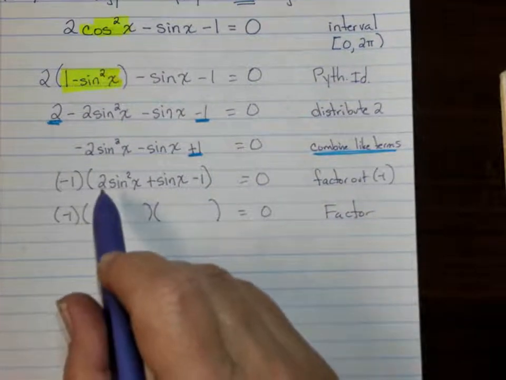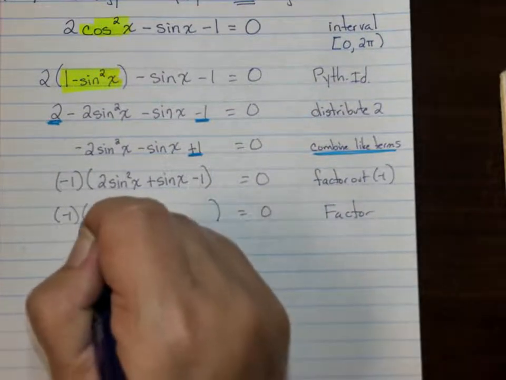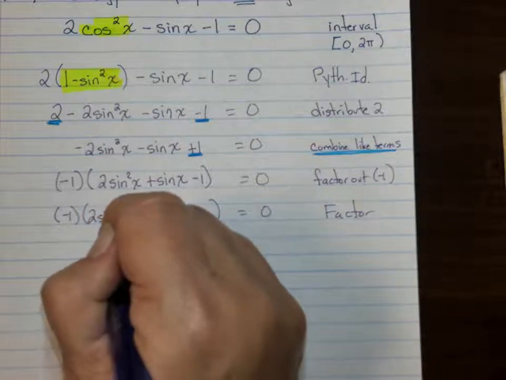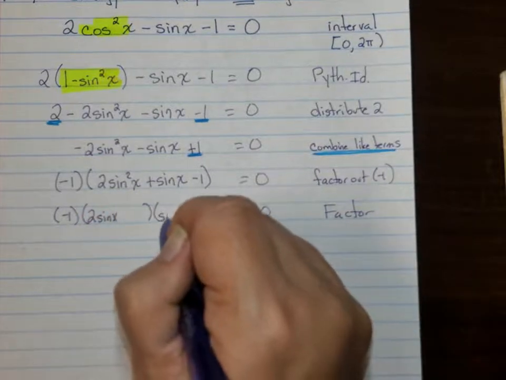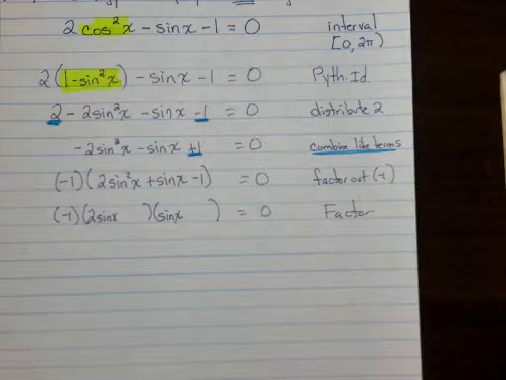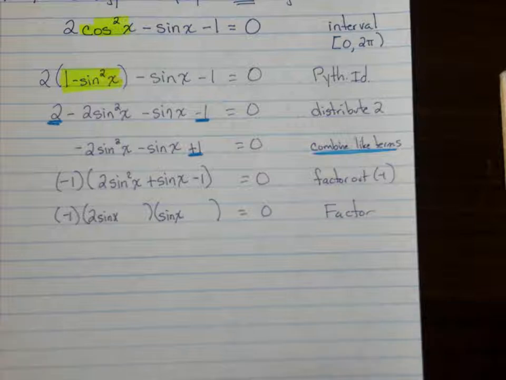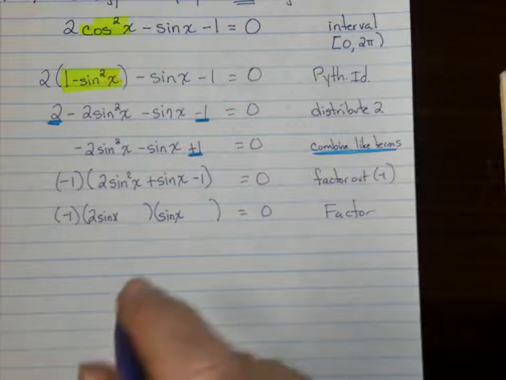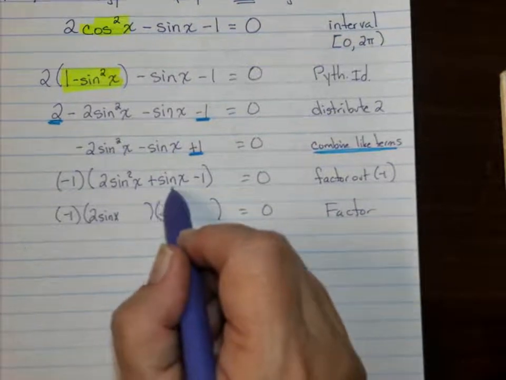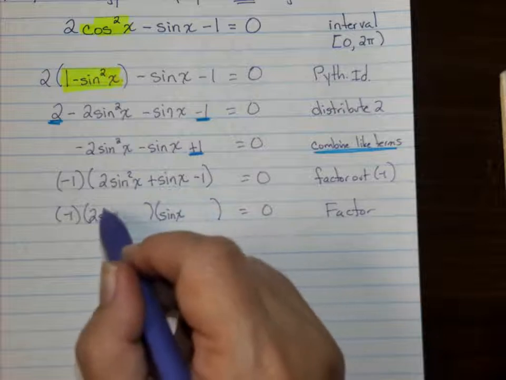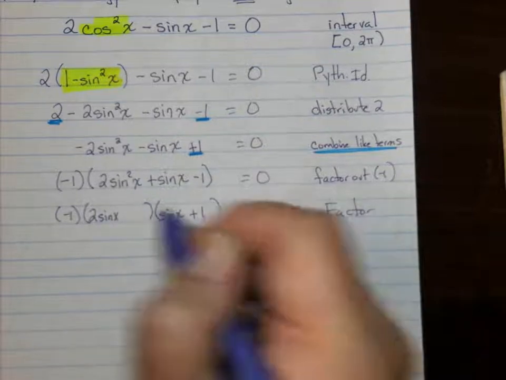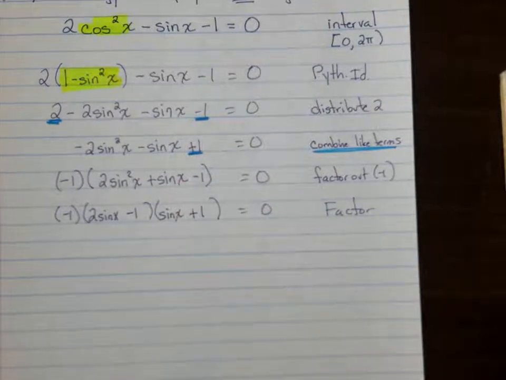And so in order to get 2 sine squared x, I'm going to need to have a 2 sine x multiplied by a sine x. And in order to get a negative 1 as my third term, I'm going to need to multiply a positive 1 times a negative 1. But my middle term is positive, so I need to have more positive, so the plus 1 needs to go here, and the minus 1 will go here.